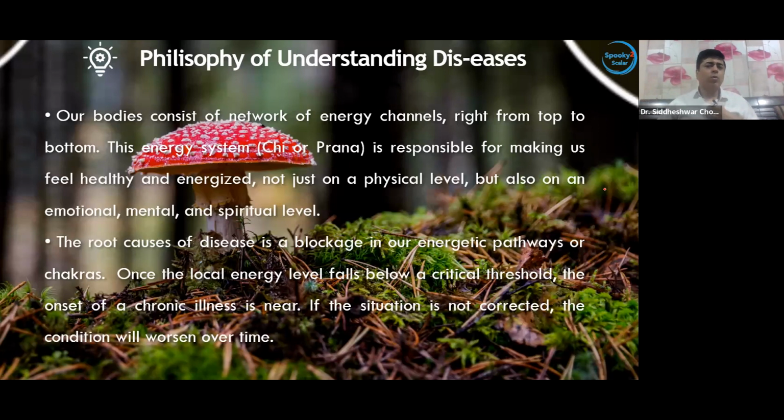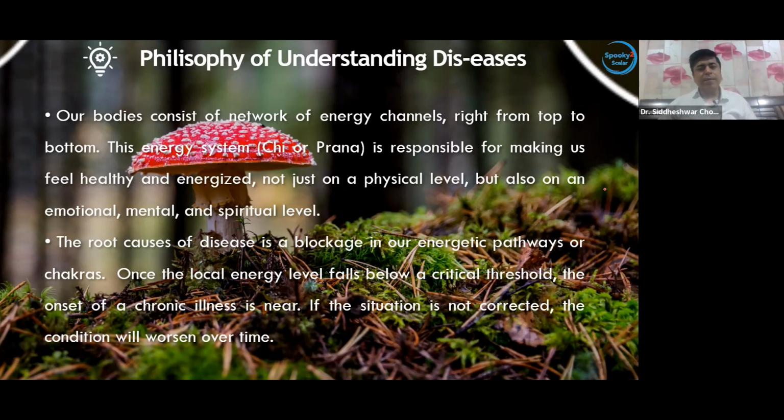As we all know, our bodies consist of a network of energy channels right from top to bottom. The energy system, popularly known as chi or prana, is responsible for making us feel healthy and energized, not just on the physical level, but also on an emotional, mental, and spiritual level. Yes, my friends, I can proudly tell you that scalar is such a beautiful modality.